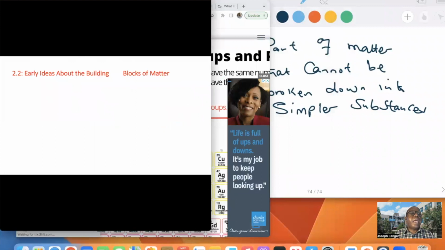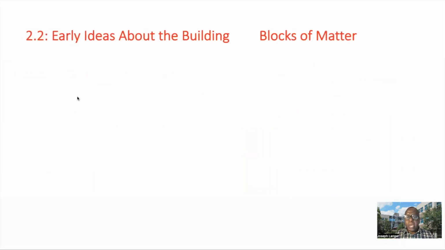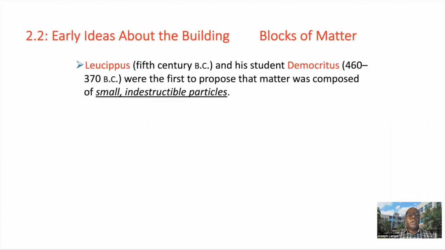There are ideas which led to the early development of the atom. Starting off is the contribution by Leucippus and Democritus. Both of them were Greek philosophers. Recall that early-times philosophers were so powerful, they had large followings.